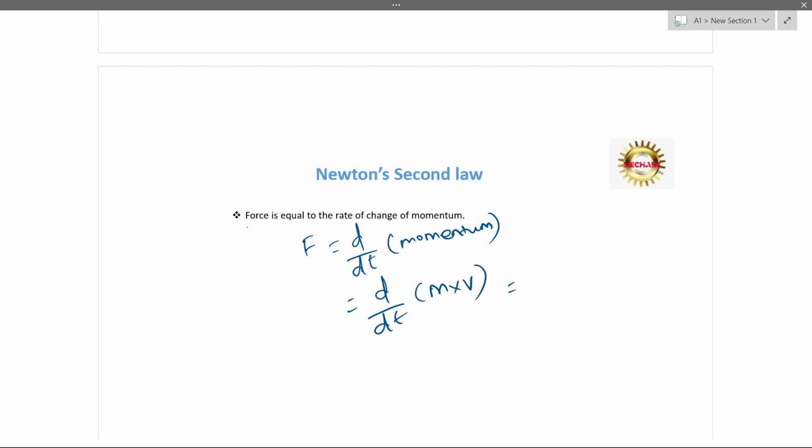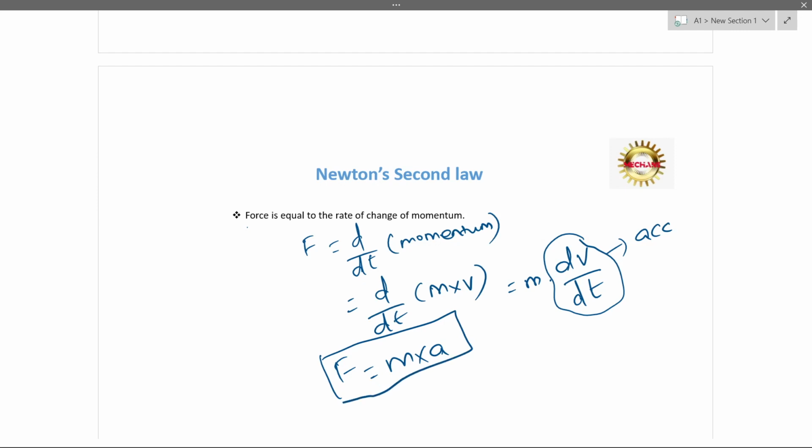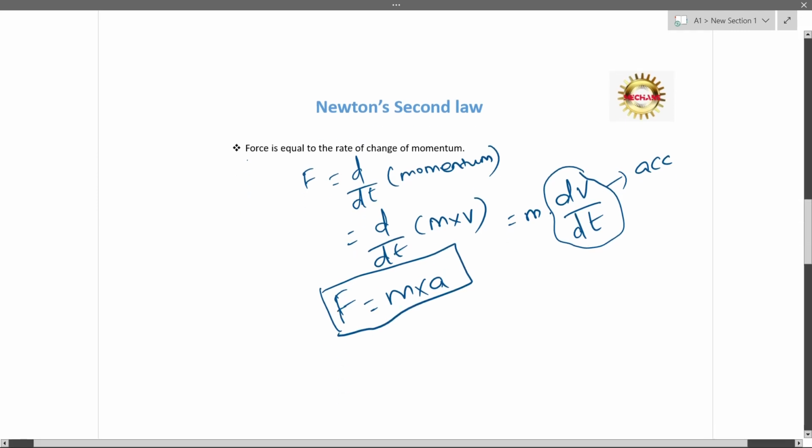If we take mass outside, since mass is constant for an object, then this formula goes like this. This denotes the rate of change of velocity, which we know as acceleration. So force is equal to mass into acceleration. So from Newton's second law, we can calculate force.